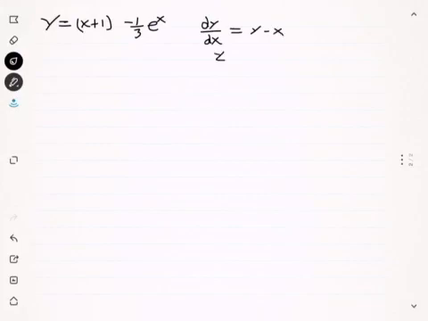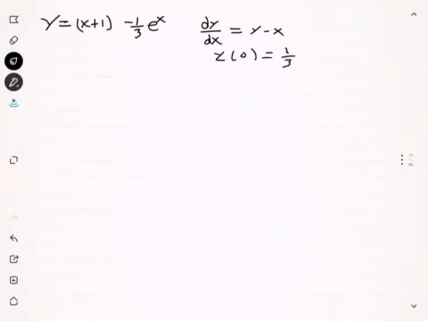Alright, let's do another example. Let's see if this y equals x plus 1 minus 1/3 e to the x satisfies this differential equation, dy dx equals y minus x, and the initial condition y evaluated at 0 is 2/3.